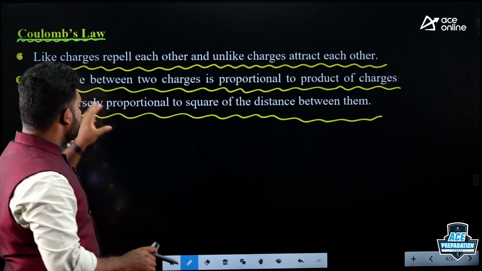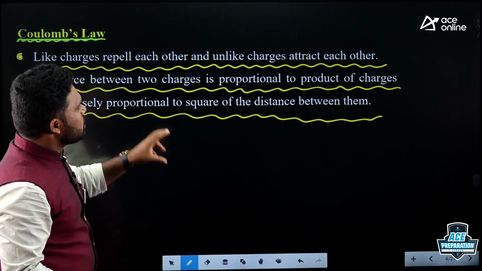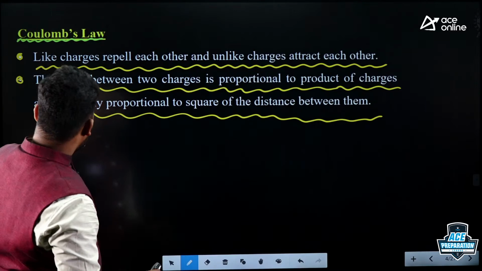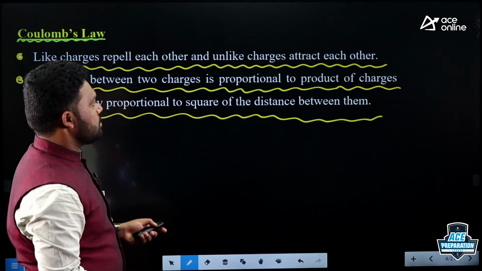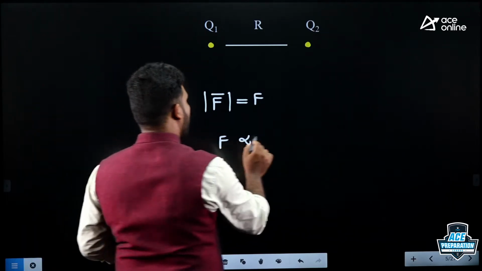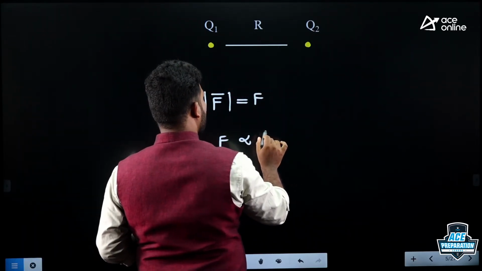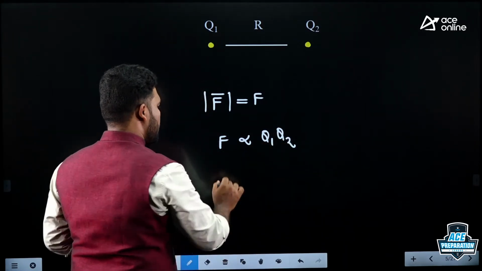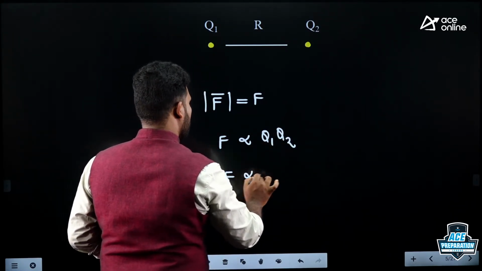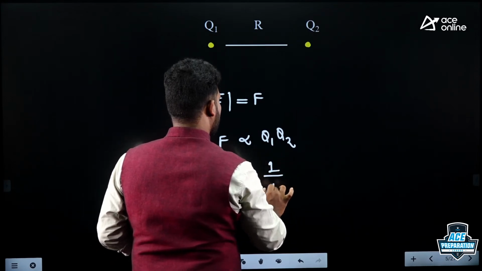This is a law actually. The force between two charges is proportional to the product of the charges and inversely proportional to the square of the distance between them. So the force between these two charges is proportional to the product of the charges Q1, Q2, and it is also inversely proportional to the square of the distance between them.